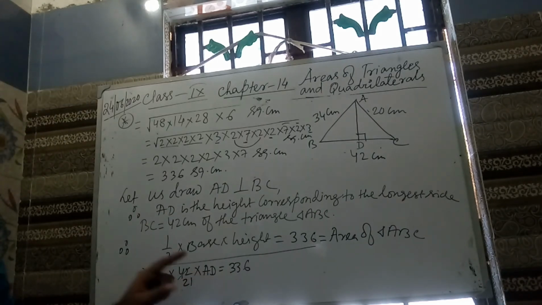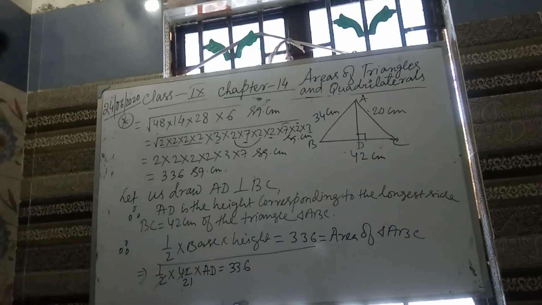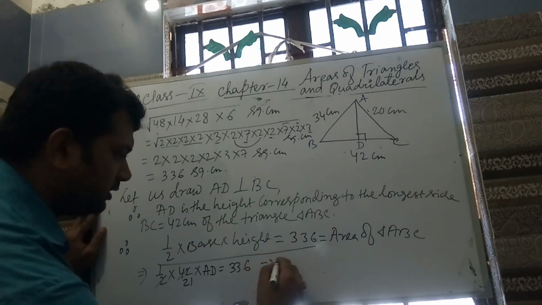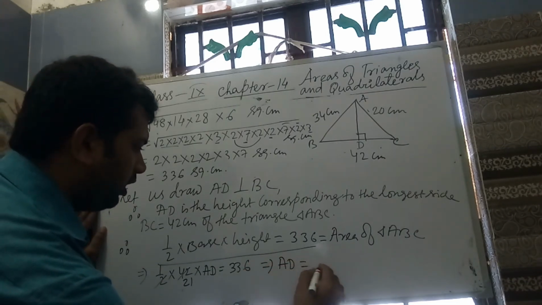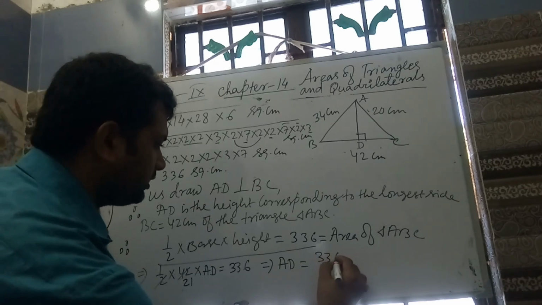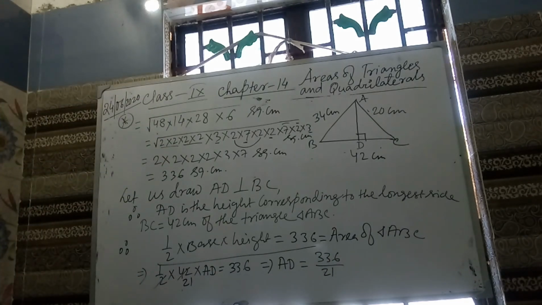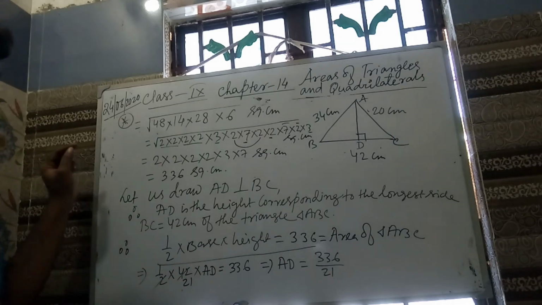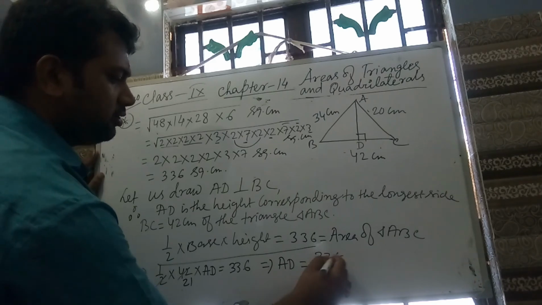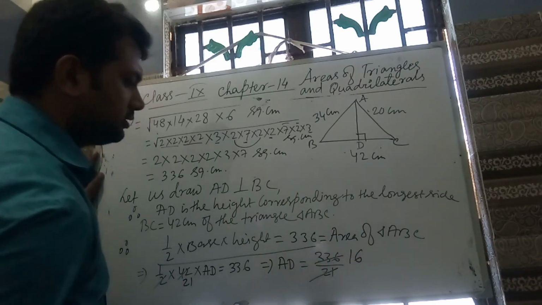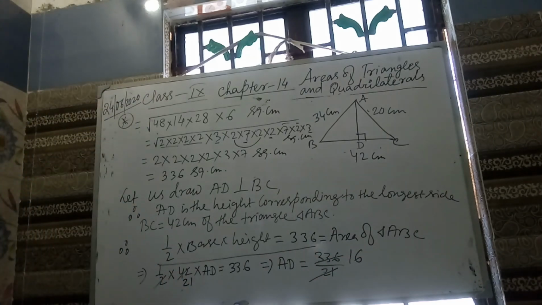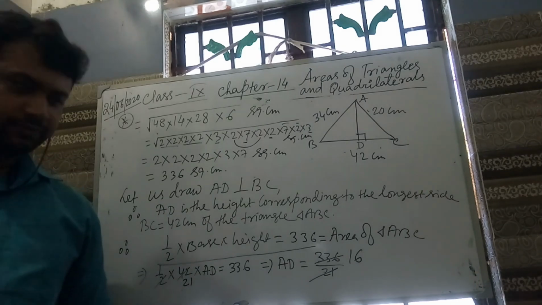So 21 into AD gives you 336. That implies AD equal to 336 by 21. Just divide it, you will get AD equal to 16. Who said AD equal to 16 earlier? He was right.